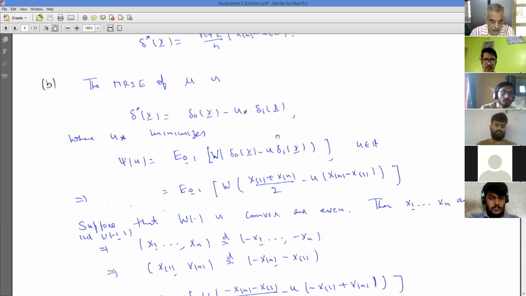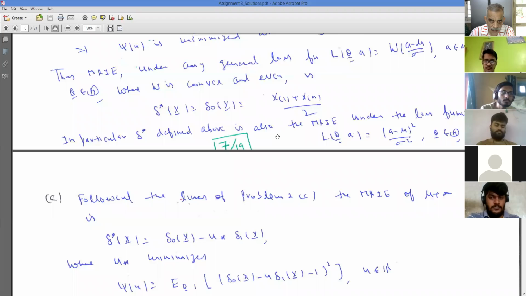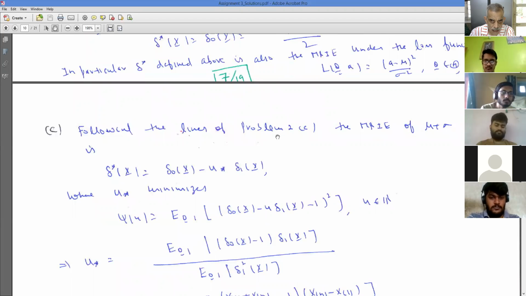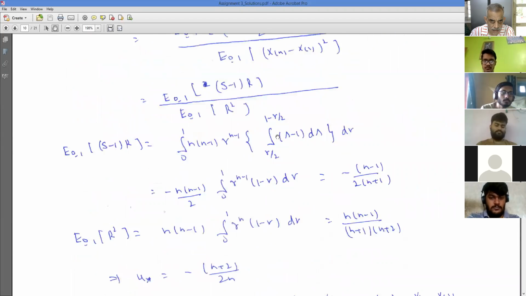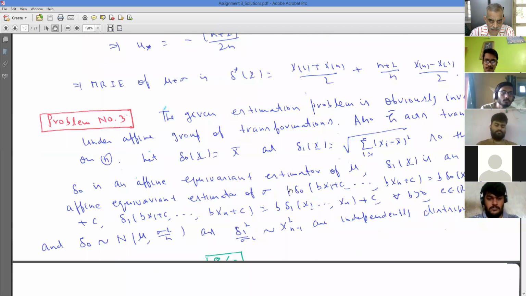Yes, this is exponential, mu plus sigma. You are saying problem number 4? I think this is what problem 4 should be, because this is what is coming now.